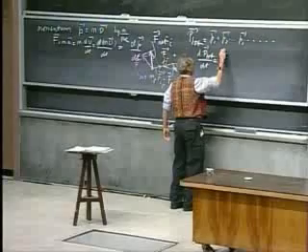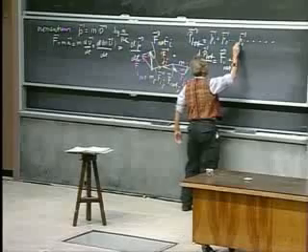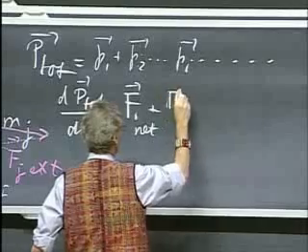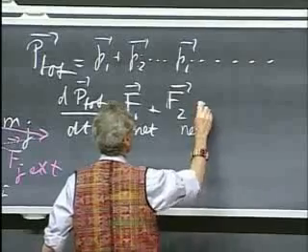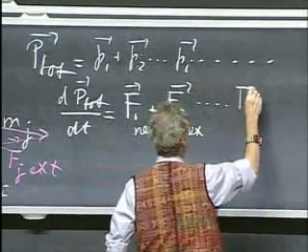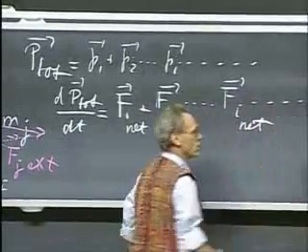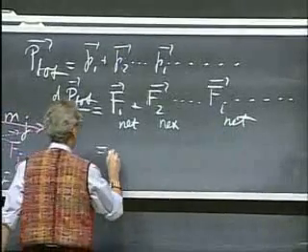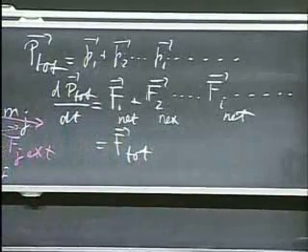It's the total force on number 1. So it is F1, but it is the net force on 1. And dp/dt for this particle equals F2 net force. And the force on particle number i equals Fi net, and so on. And so when we add up all these forces, obviously, that is the total force on the entire system.